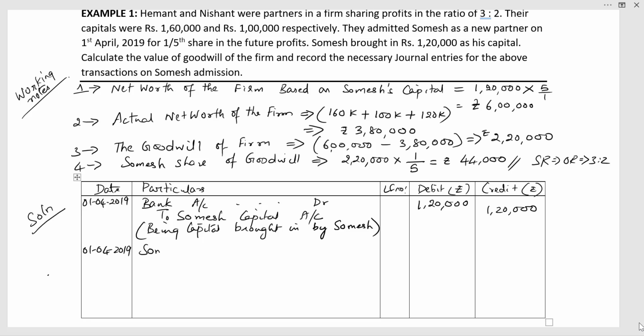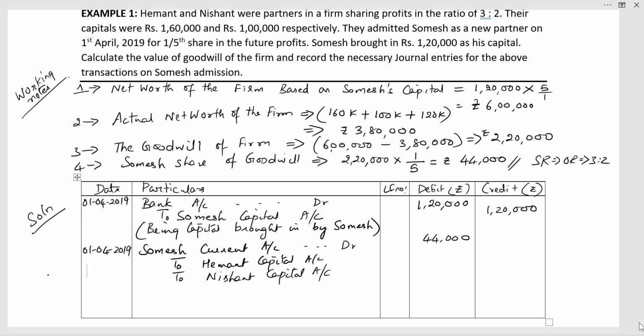So Somesh's current account debit 44,000 rupees to Hemant capital account, to Nishant capital account. 44,000 to be distributed in 3:2.